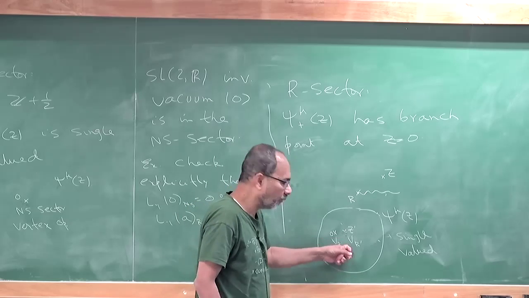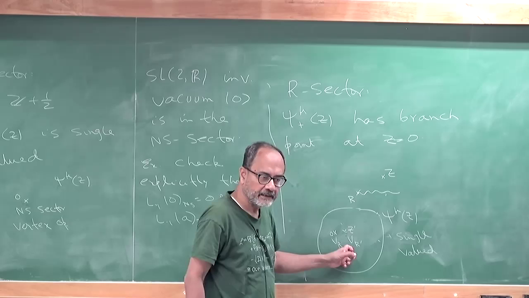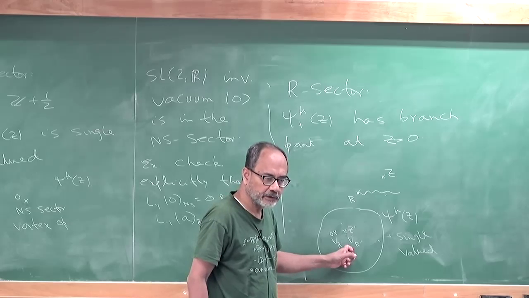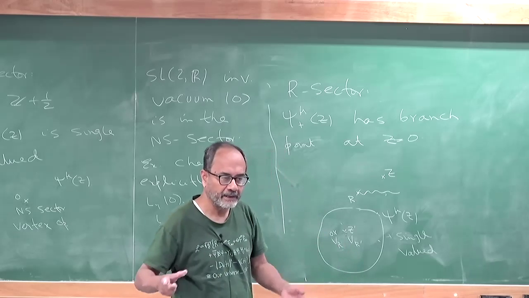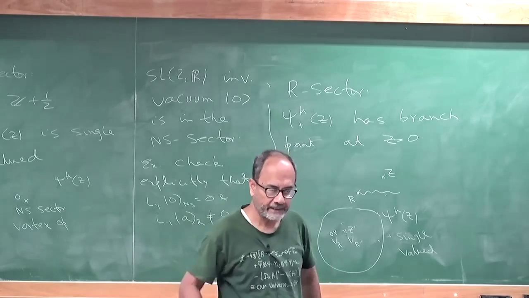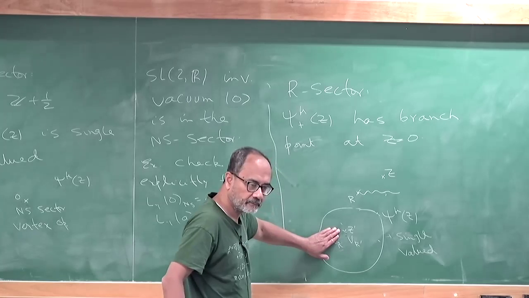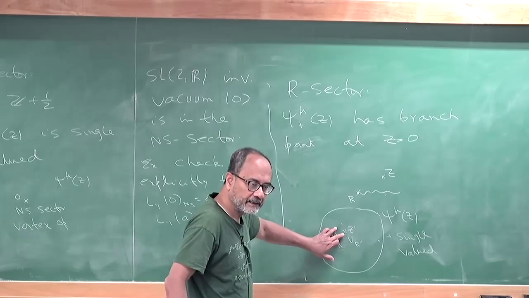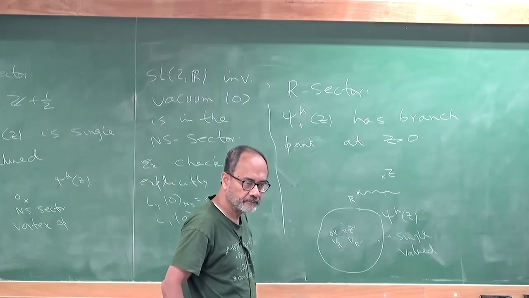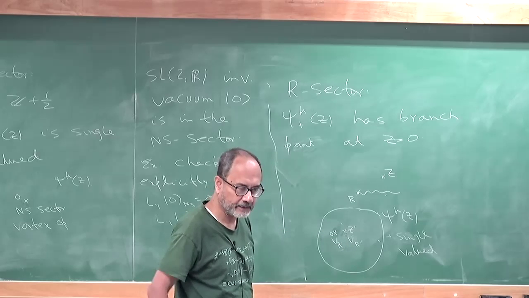Because I am putting also a Ramond sector vertex operator here. Which is constructed out of psi. Which is constructed out of psi, meaning the same Ramond, maybe a different Ramond sector vertex operator, but it's a Ramond sector vertex operator. So if this was not there, there would be a square root branch point at Z prime. Okay, so then basically you're saying that there is a cut between these two. Yeah, there is a cut between these two.